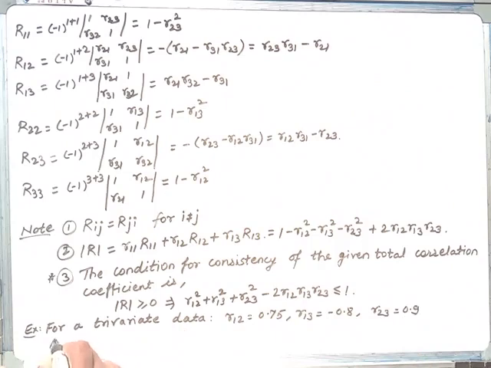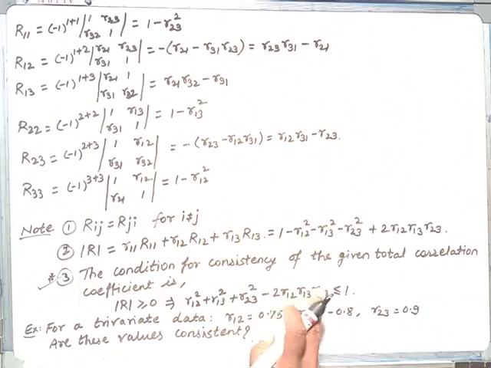So are these values consistent? This is a question. For this we will use this third note. You find out this value, and that value should be less than or equal to 1. All these are given to us, right?